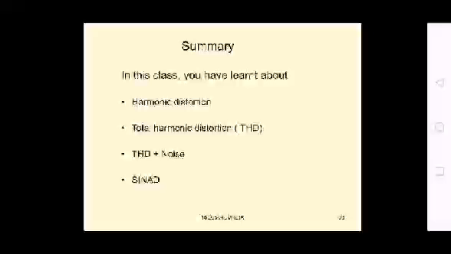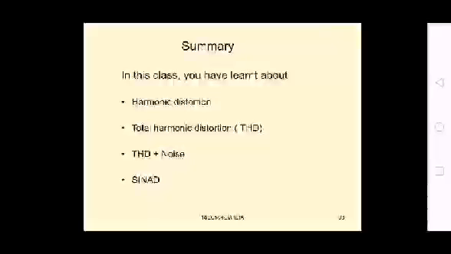We covered what harmonic distortion is, what total harmonic distortion is, and signal plus noise plus distortion to noise plus distortion. We also saw the formula for total harmonic distortion with a problem and solution.